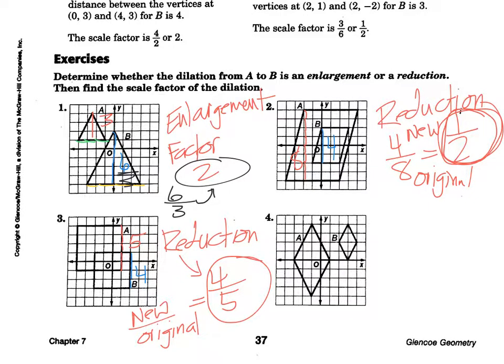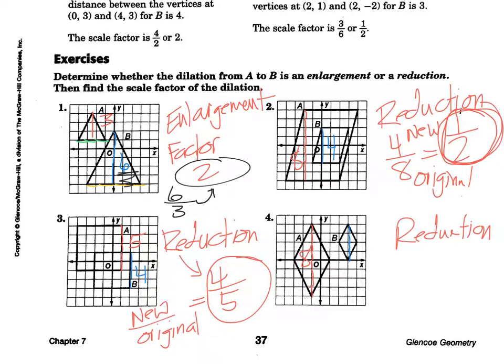All right, let's do the last one here. A to B, so we got smaller again, so reduction. Let's count. 1, 2, 3, 4, 5, 6, 7, 8. Then 1, 2, 3, 4.